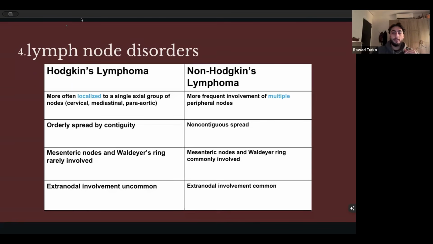Who knows what these cells are called that are going to secrete cytokines that are going to recruit more cells and form this mass? Reed-Sternberg cells, perfect. So again, in Hodgkin's lymphoma, the primary cause of the lymphoma is the Reed-Sternberg cells, but in non-Hodgkin's lymphoma, there's some sort of translocation or mutation in the actual B cells or the T cells.